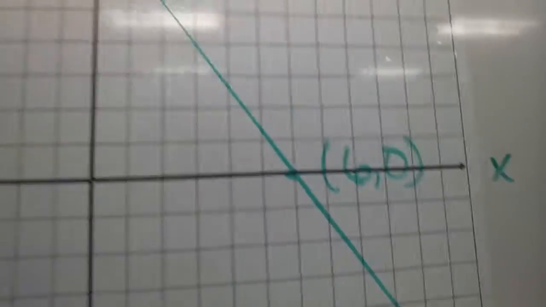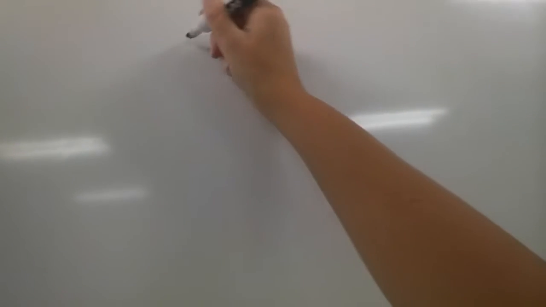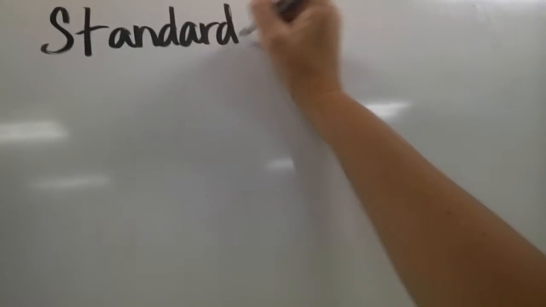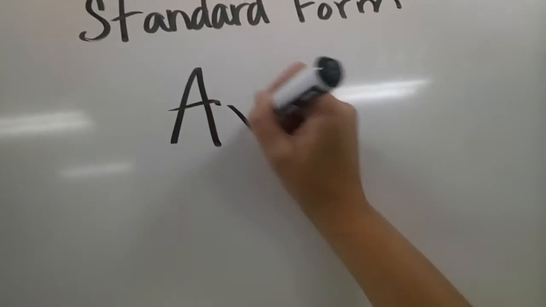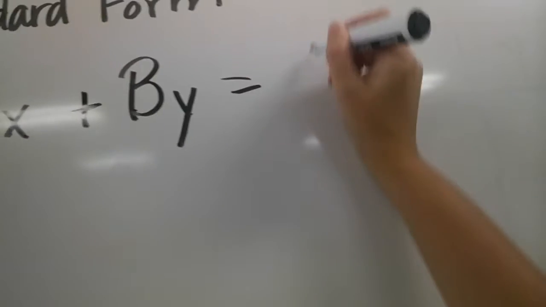Okay, so yesterday I did not tell you what standard form looked like. Standard form of an equation is ax plus by equals c.